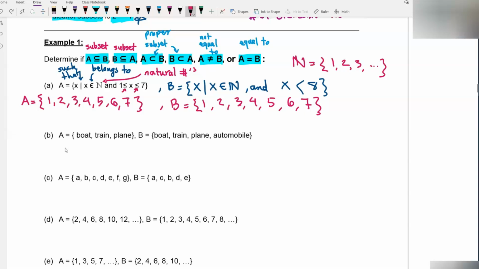Since we have exactly the same members, 1, 2, 3, 4, 5, 6, 7 in both of these, that means that A is equal to B. And also A is a subset of B. At the same time, B is a subset of A. So we do have all these three. That is the answer.